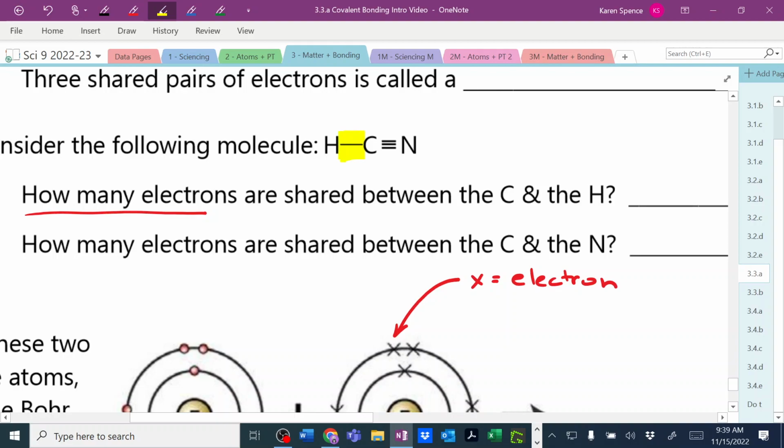We have one line, so how many electrons is that? 2 electrons. Over between the carbon and the nitrogen, how many electrons are there? 6, because there's 3 lines, 2 electrons each, so there's 6 electrons.